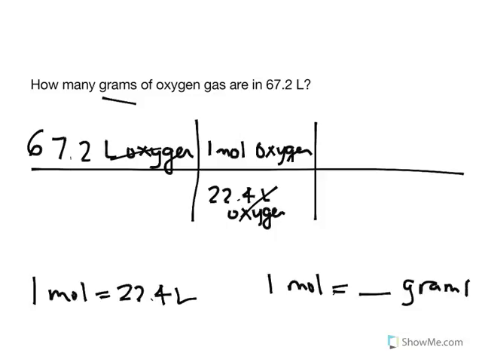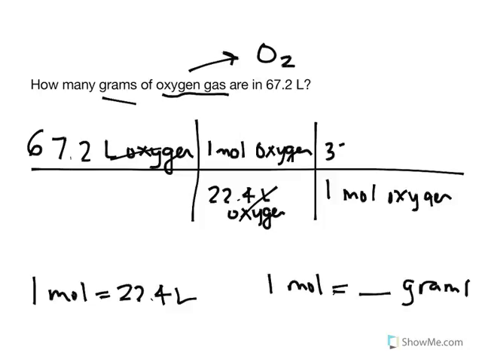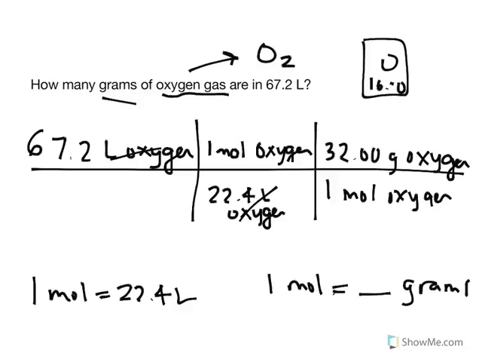However, oxygen is a special case. Oxygen, when it's by itself, it's never just found as O in nature. So when it's oxygen gas, it is found as O2, which means there are 2 oxygen atoms in the compound, even though it's not really a compound because it's only one type of atom. So in 1 mole of oxygen gas, there are actually 32.00 grams of oxygen. If you look at the periodic table, the square with oxygen in it has 16.00 in the bottom.